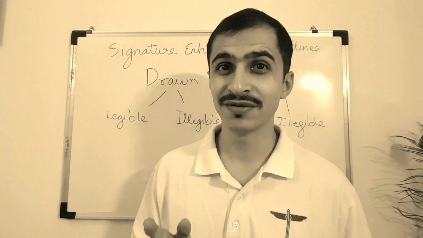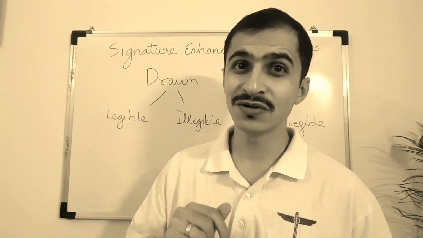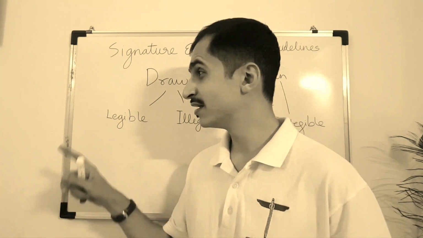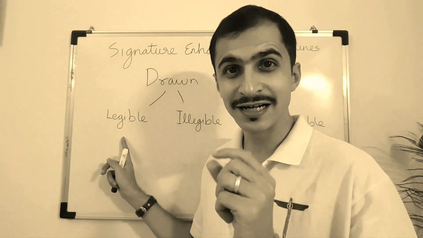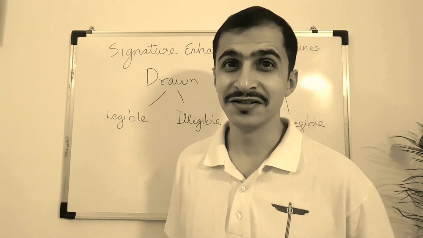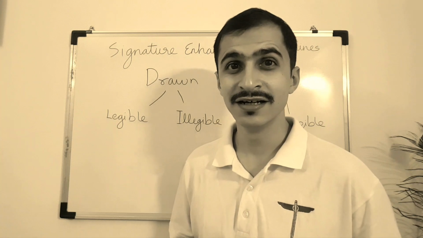But of course, you have to remember that drawn signature is very difficult to replicate, even for the owner. So to replicate a drawn signature with legible characters and letter structures is extremely difficult, and you're a genius if you can manage it similarly every time you sign.